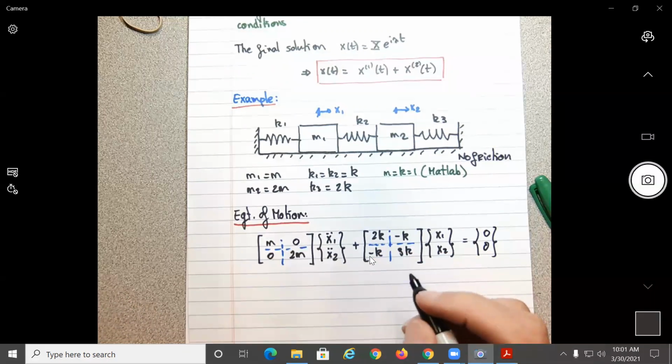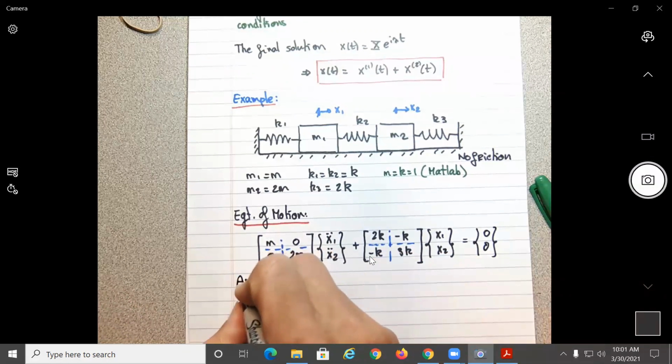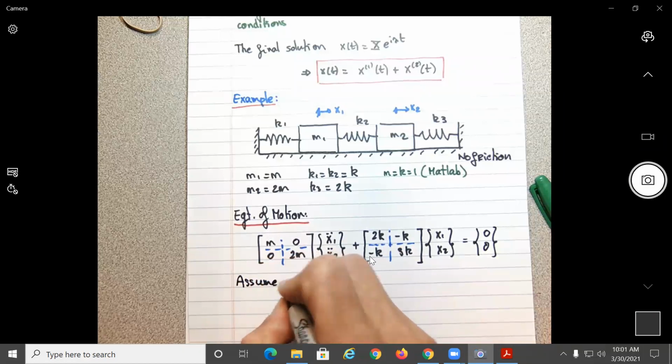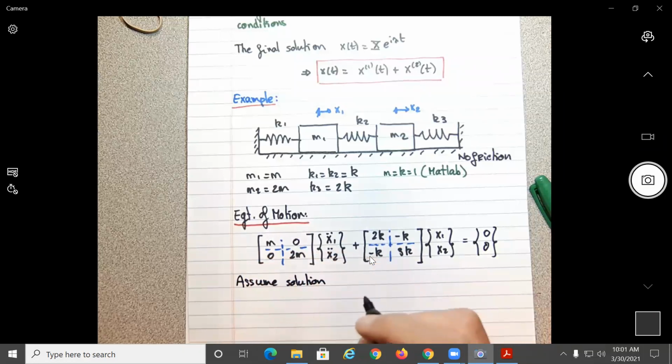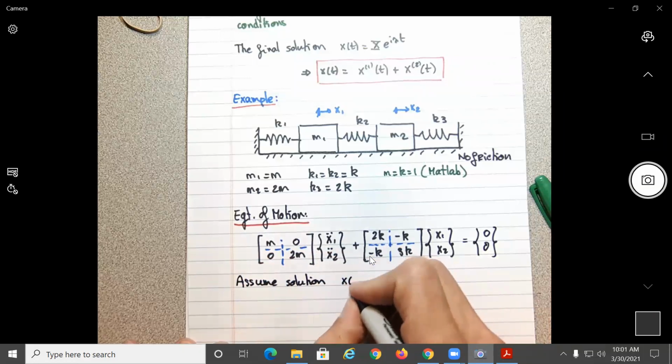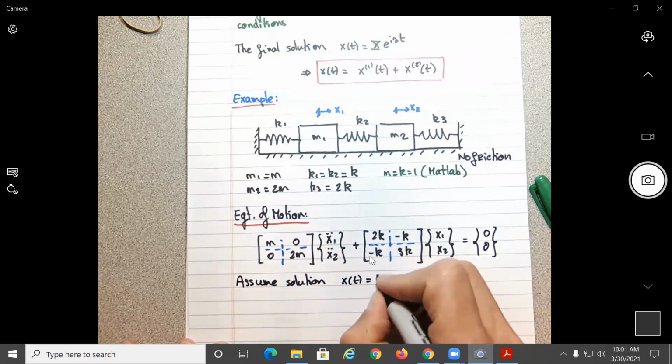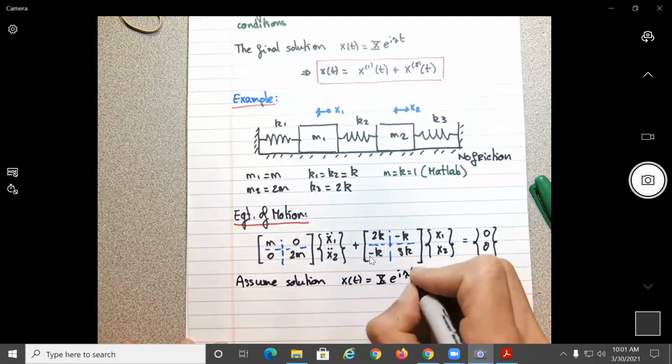So now, to find the solution, what will you do? You assume a solution of the form x of t equal x e^(i lambda t).